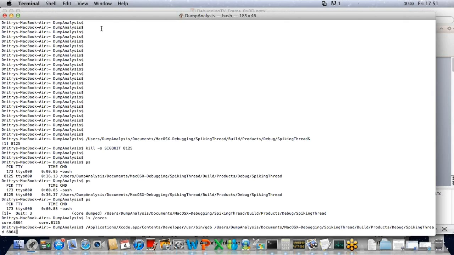Okay, so let's open that core, core.8125. So we see that we launch GDB, supply the image file and then supply the core.